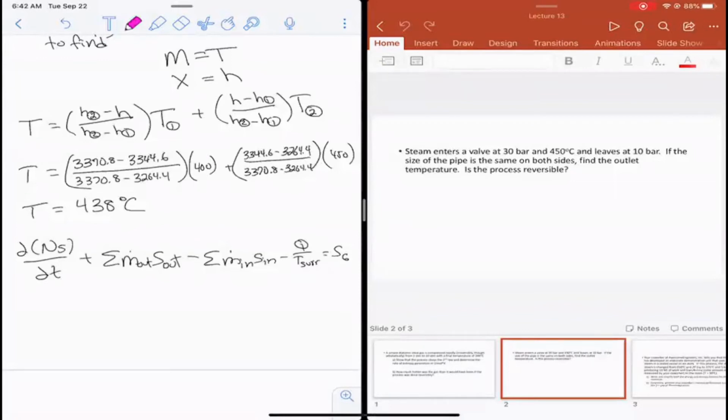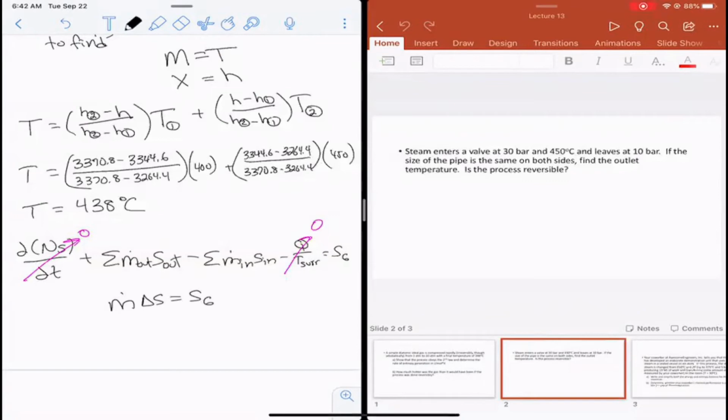And so if we simplify the open system entropy balance, well, we were told it was adiabatic, and we already used that in the energy balance, and we also know that we're operating at steady state. And so the result of our entropy balance is that m dot delta S is equal to the generated entropy.